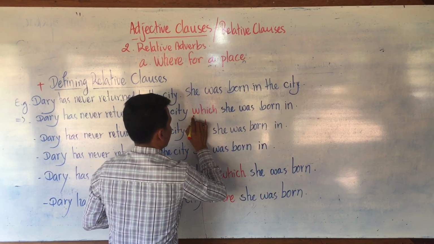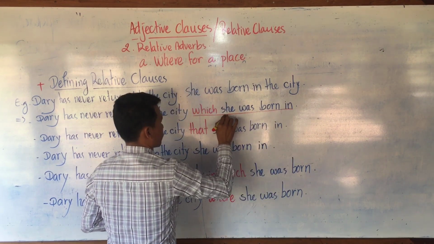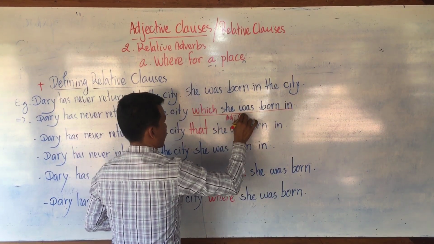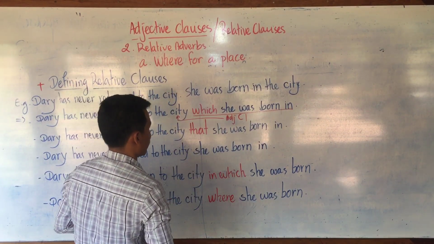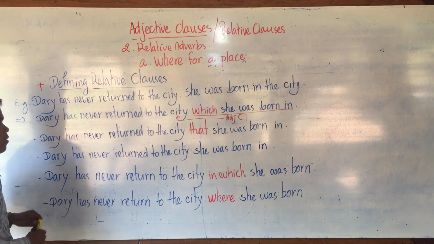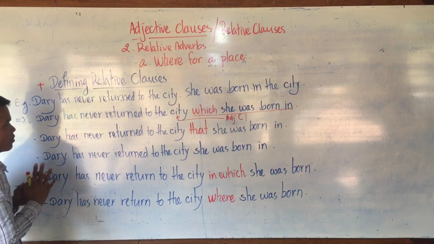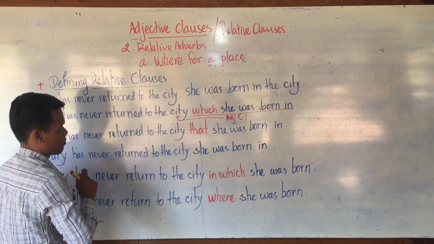We can underline the adjective clause like this. From which to in is the adjective clause. It modifies the city. We can write one more adjective clause because it is a defining relative clause. This clause has no comma.